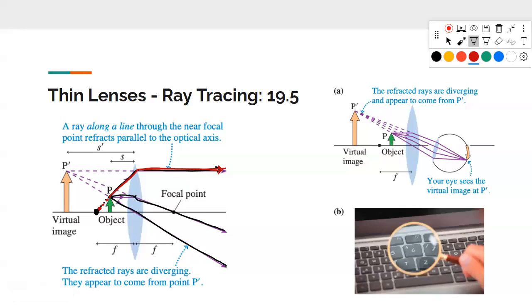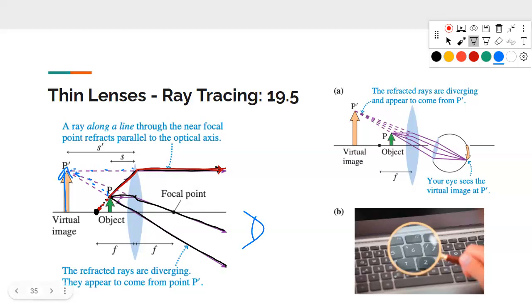But anyways, the net effect of all this is that we get these 3 rays on the right side. And if we put our eye over here and see them, it'll trace them back because our eye just imagines that they all traveled straight forever. So it'll trace those 3 rays backwards and interpret this visual information as an image that's located farther away in this case, and that's larger.